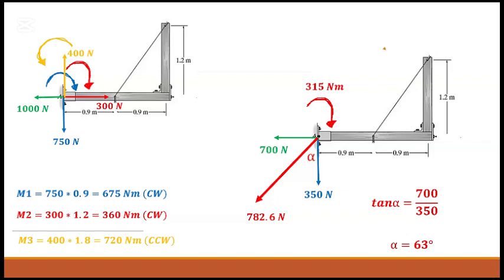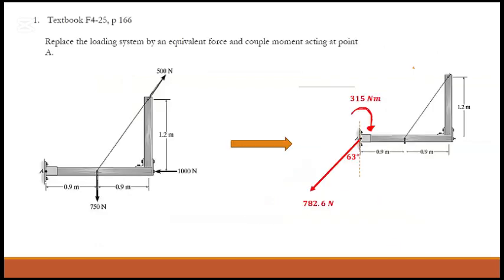So 675 plus 360, minus. Yeah, 315. Okay, that's good. That's not a mistake. So that is the simplified version of the same.